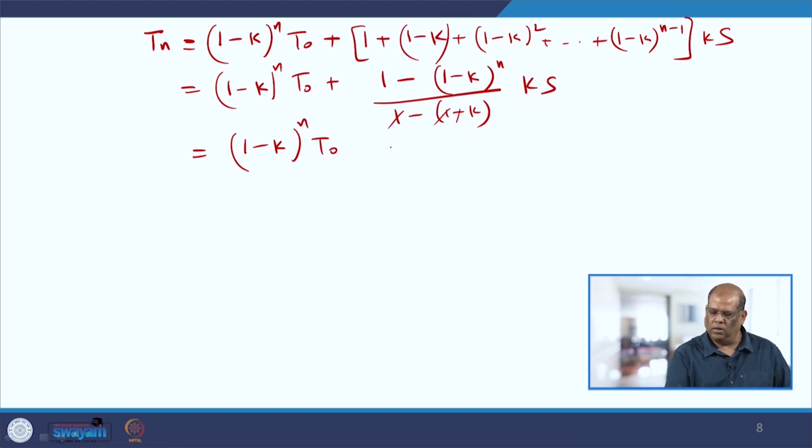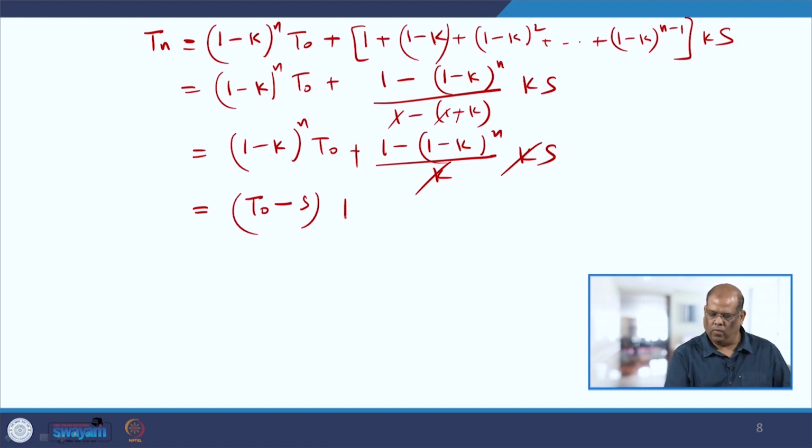So, it is (1 minus k) whole to the power n divided by k into kS. This also cancels and you are left with a plus sign: Tn equals (T0 minus S) into (1 minus k) whole to the power n plus S.